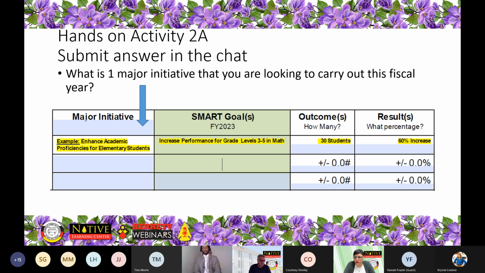I'm showing a very simplistic one with one major initiative and one SMART goal with generating an outcome and a result. There could be several goals associated with one particular initiative, like we're commenting on in the chat box. So there might be steps, subparts to the SMART goals, depending upon the complexity of what your initiative is.